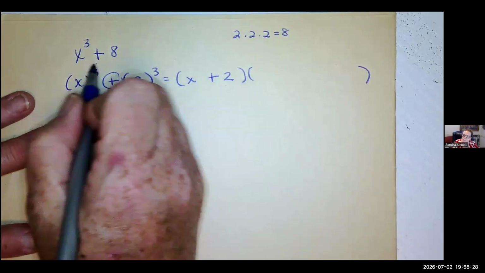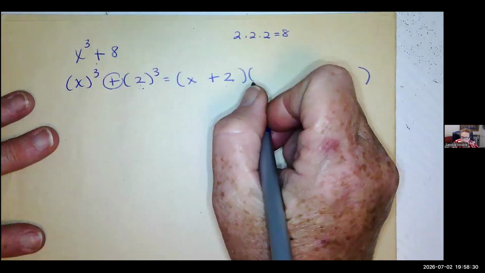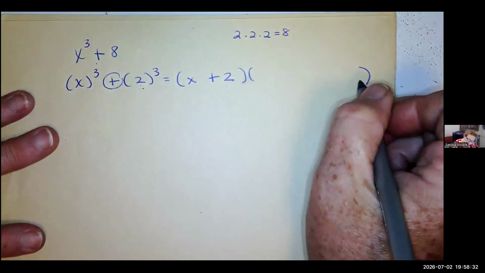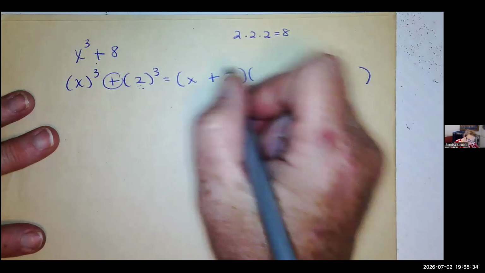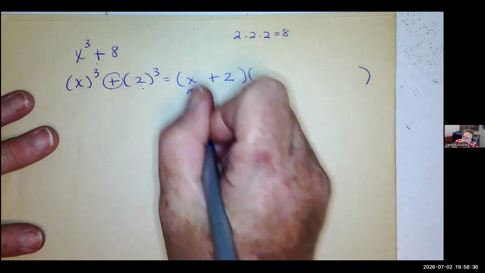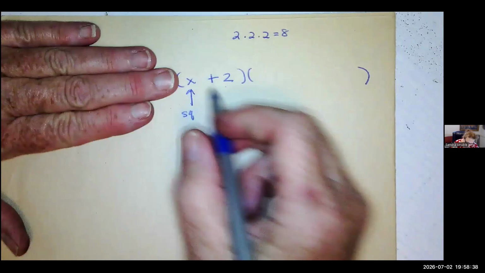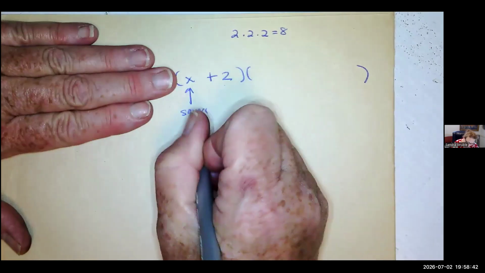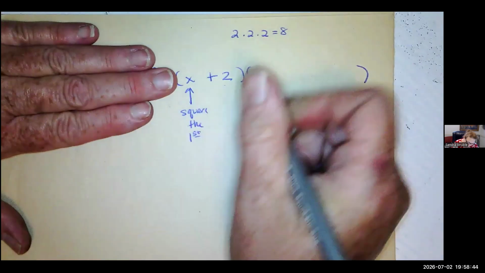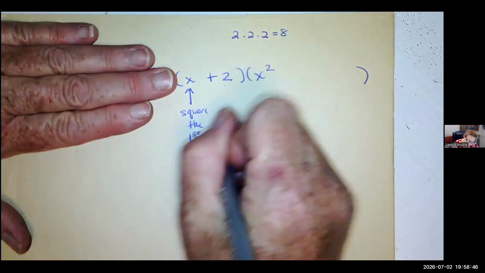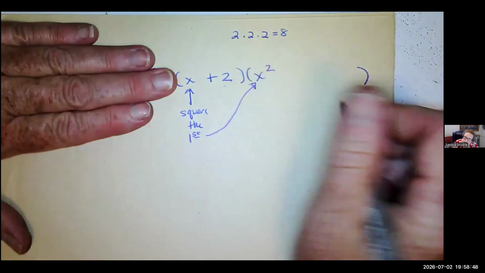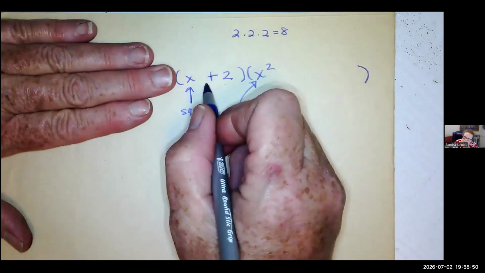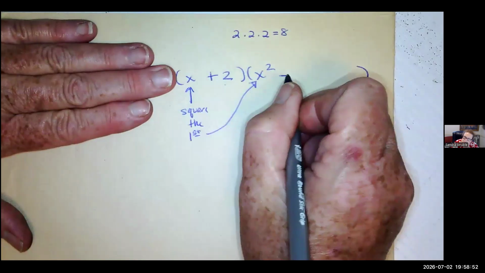For the trinomial you're going to create, and it's never factorable, I'm only dealing with this now. Square the first, and you're going to put that here. Because this is plus, your middle term in your trinomial needs to be a subtraction, and your third term will be a plus.